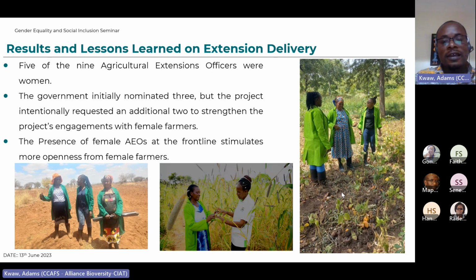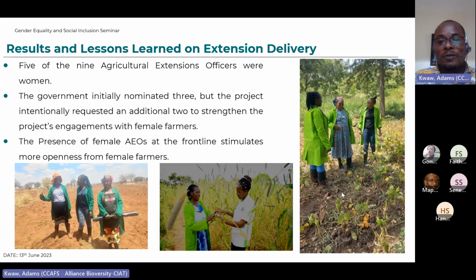And here, as I emphasized, in order to create good space for women to learn, we made sure that more women were involved. Initially, there were very few women, but we encouraged and requested additional female officers to facilitate the transfer of key innovation to farmers.